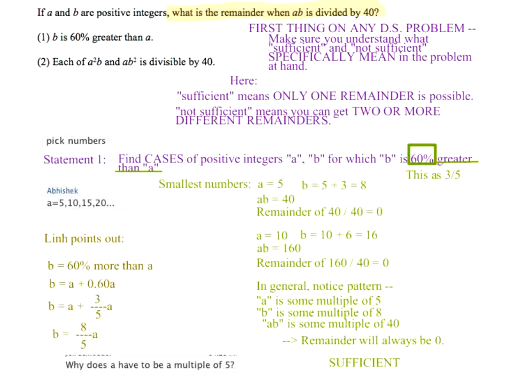Whereas if you do test cases, then all you have to do is try numbers, and you can notice as you go along that these kinds of numbers work and these kinds of numbers don't. Jen, if you don't see why you have to have a multiple of 5 here, just start taking some numbers and seeing whether you can even do this.